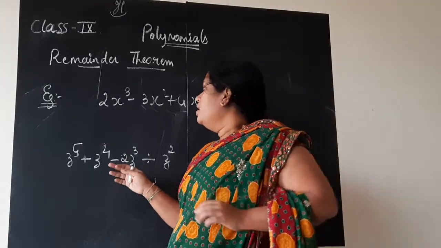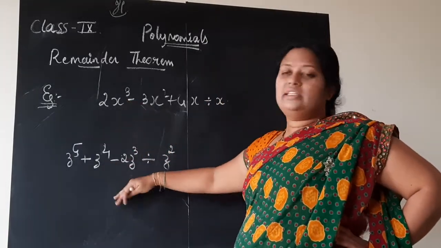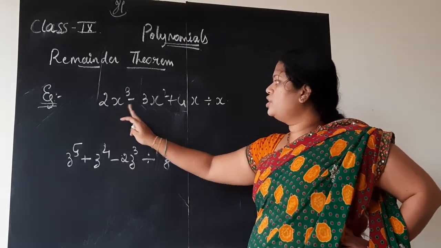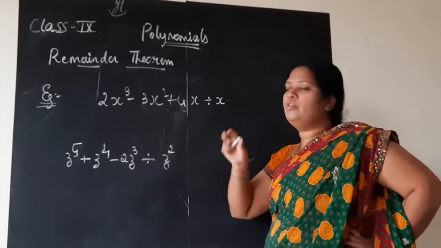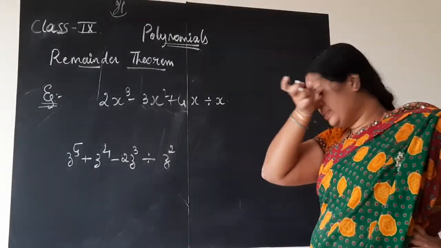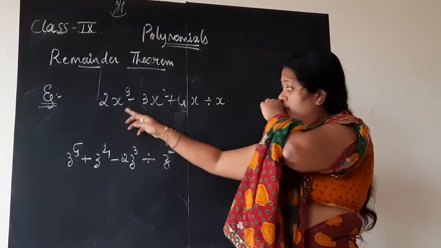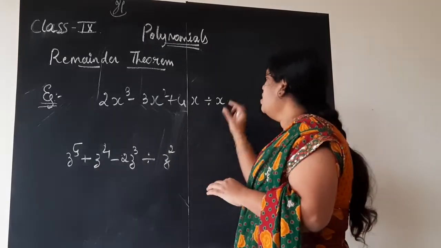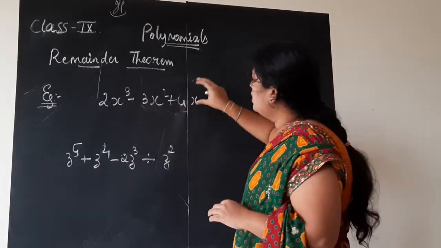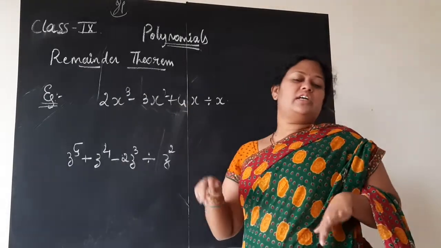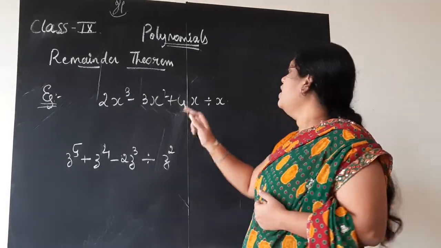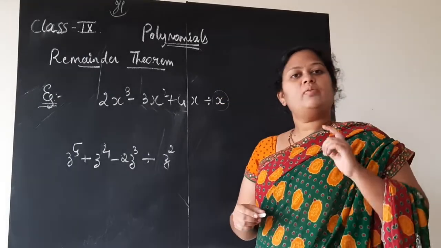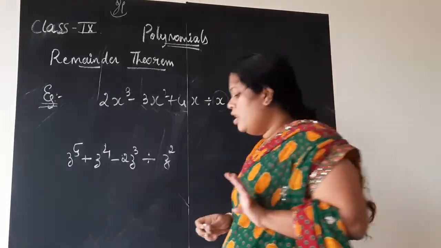Let us look at the examples, children. First we have considered 2 examples here. The question is 2x cube minus 3x square plus 4x divided by x. This whole expression has 3 terms, so I can call it a trinomial, and it should be divided by the monomial x, which is a single term.